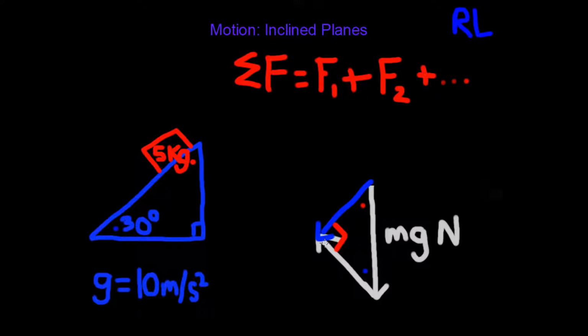The normal force down here, because it's adjacent to this angle here, we get that this side length will just be mg cos of this angle here, which in this case is 30 degrees, so we'll call it 30 degrees. For this angle here, this is the opposite to this 30-degree angle here, and so we know that this side is going to be mg sine 30 degrees. This one in blue.